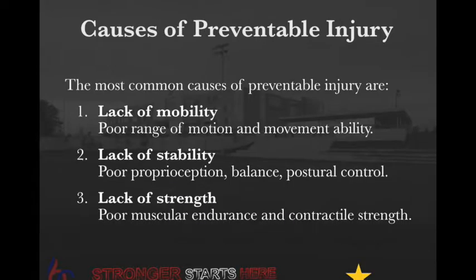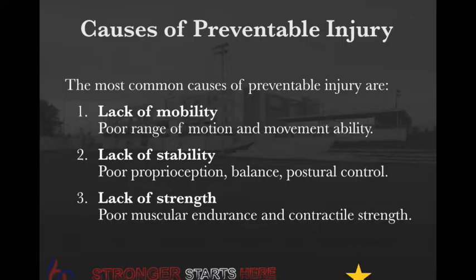So, causes of preventable injury. The most common causes of preventable injury are a lack of mobility, a lack of stability, and a lack of strength. And those are all three areas where I work quite often. So starting with a lack of mobility, we're talking about a poor range of motion and a poor ability to move freely. Moving on, in a lack of stability, we're talking about poor proprioception, poor balance, and poor postural control.